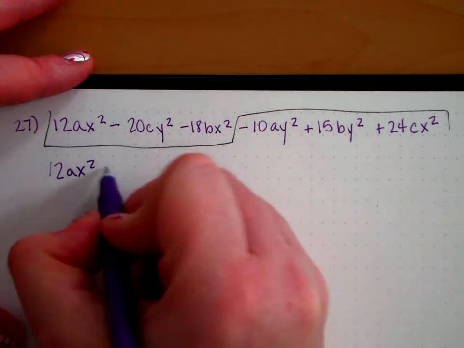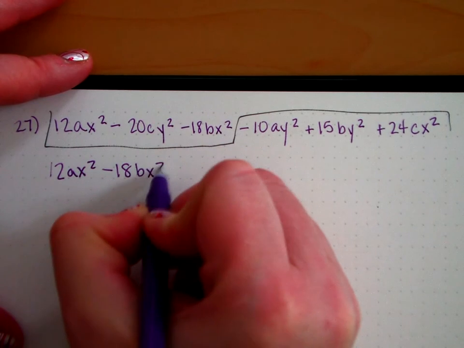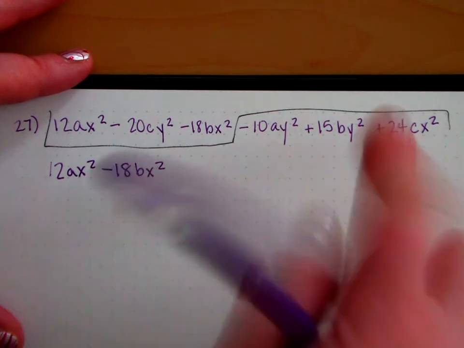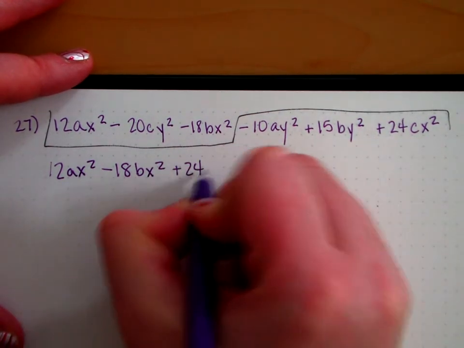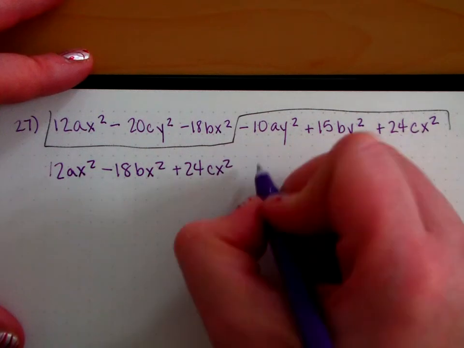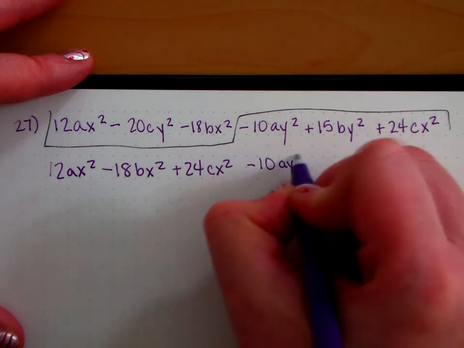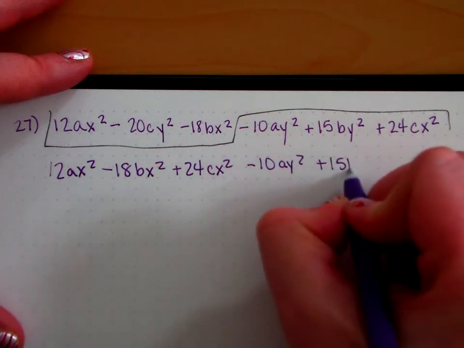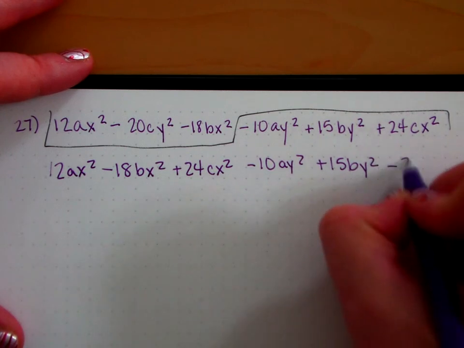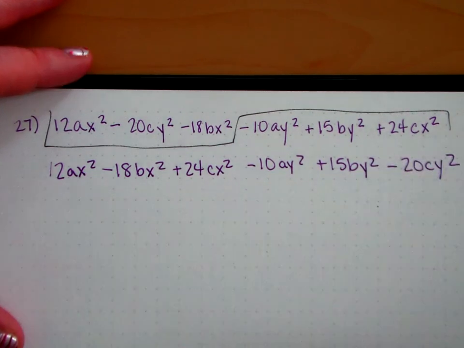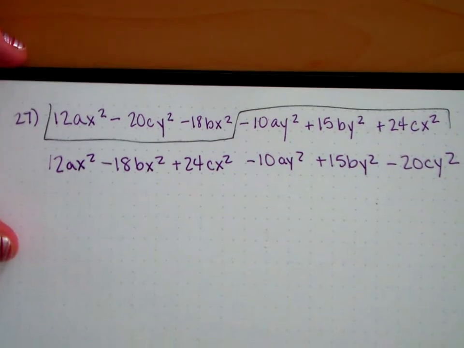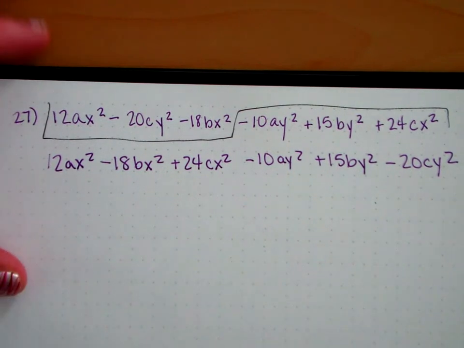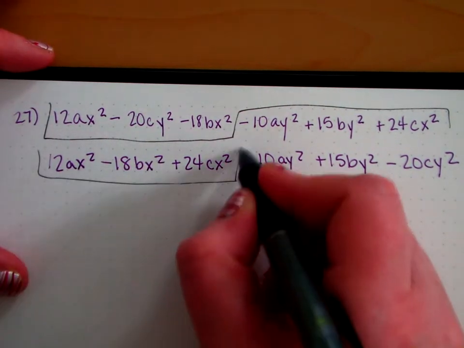So this would be 12a x squared minus 18b x squared plus 24c x squared, minus 10a y squared plus 15b y squared minus 20c y squared. Since I switched my order, everything's awesome.